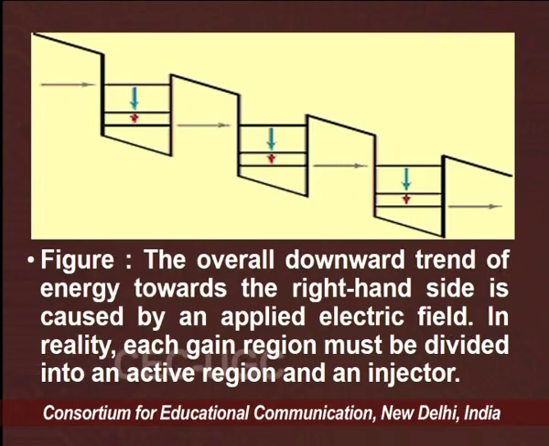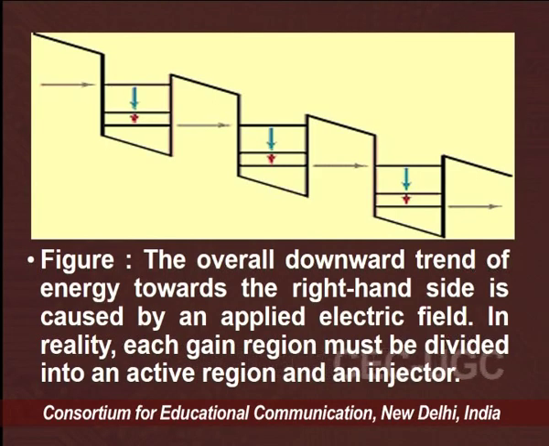The overall downward trend of the energy towards the right hand side is caused by the applied electric field. In reality, each gain region must be divided into an active region and the injector.